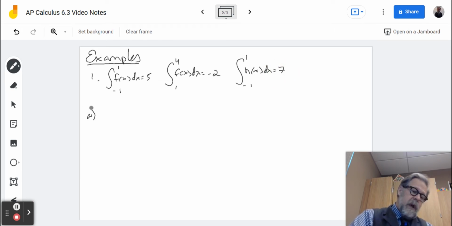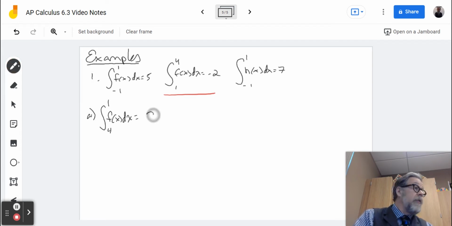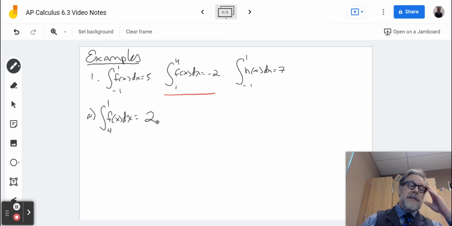So the question becomes, can we figure out the integral from 4 to 1 of f of x dx? And what we notice is that it is just the opposite of this, and so the answer to this one is just going to be 2, the negative of -2.